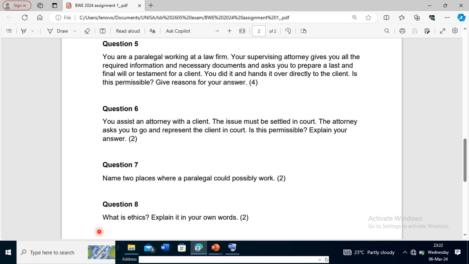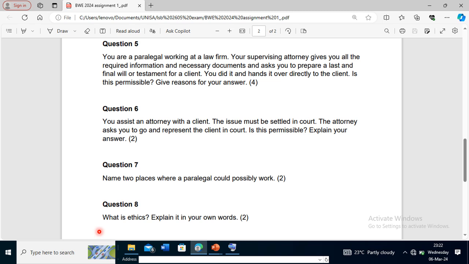4.5.1 is going to tell you about the act which regulates how an attorney should perform or carry out the task in a law firm. So take that act. It's going to help you to answer this. Explain what the attorney does in a law firm, and then state that act also.